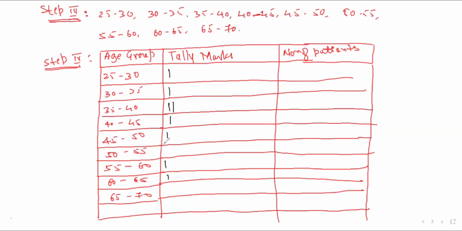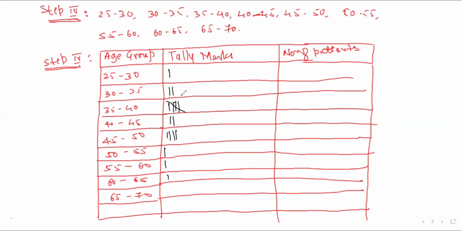Next is 28, 45, 35, 46, 52. Next is 42. Next is 47. Next is 35. So we have one more 35. Four vertical lines and one diagonal line represent a group of five.